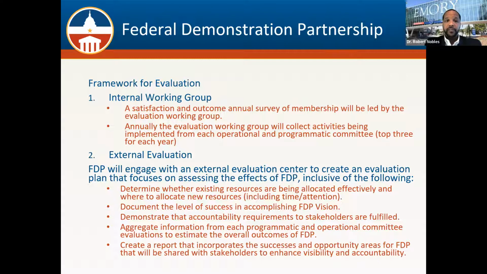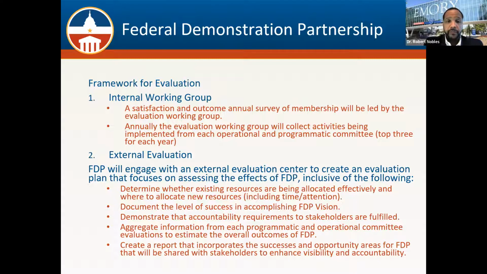And this information is really about satisfaction and outcomes. We need to gather information from membership on your perceptions of your service, and how your service is being used to facilitate FDP's mission and your mission back home at your own home organizations.